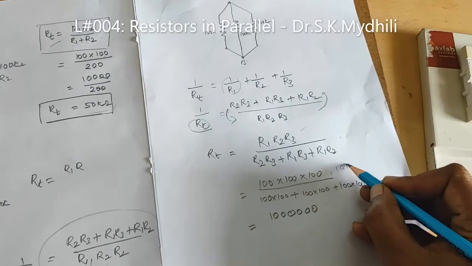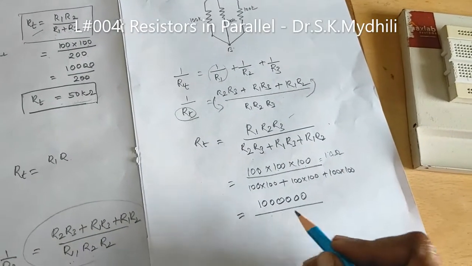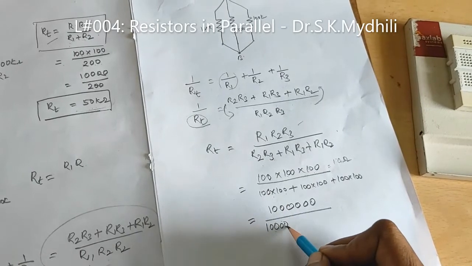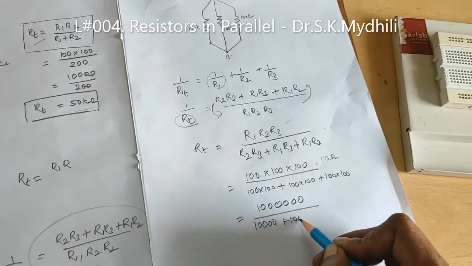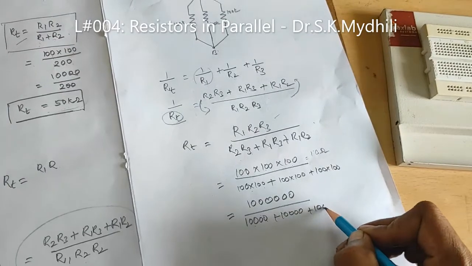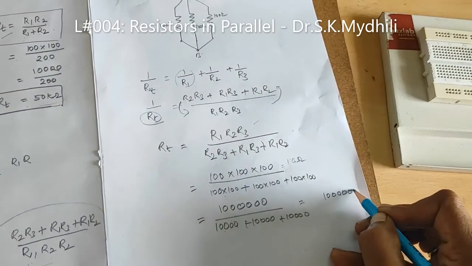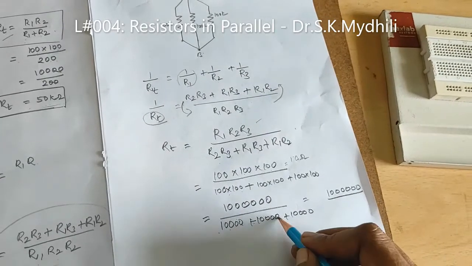I have taken this value just to help you understand. If the values of resistance are different, you should substitute only those values and find the R total. Now I am substituting and finding the same. To make it easier to understand, I haven't cancelled those zeros.